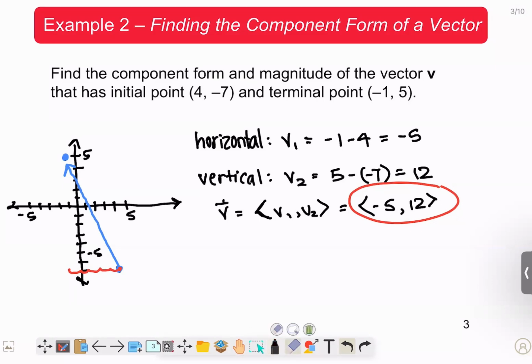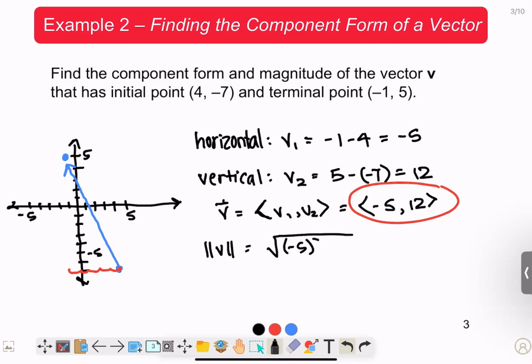Now finding the magnitude, the notation that we use for magnitude has double bars on each side of our vector. And finding the magnitude is just the distance formula. And if you've already found the components, you have done most of the work. So you can find the formula in the book and the slides, but it is just the distance formula.